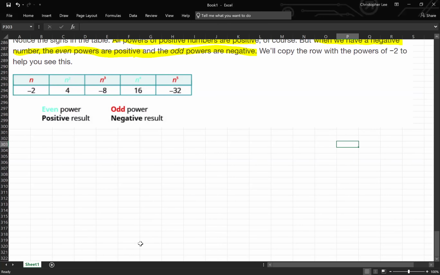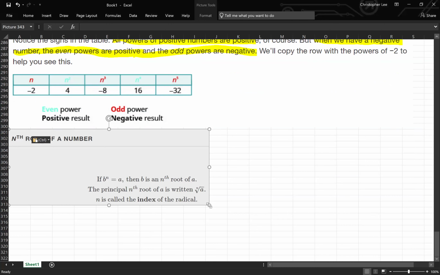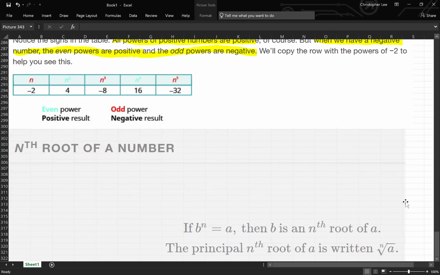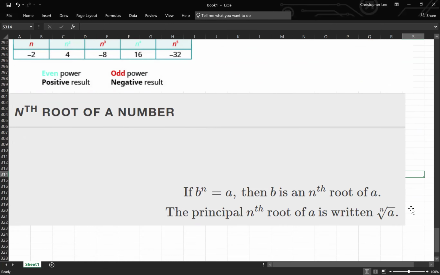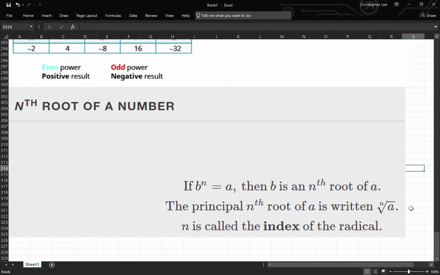Now I'm going to get into a little bit of the formula. This is found on your formula sheet, you guys. You can check this out. So the nth root of a number: if b to the n is equal to a, then b is an nth root of a. The principal nth root of a is written as the nth root of a. N is called the index of the radical, right?